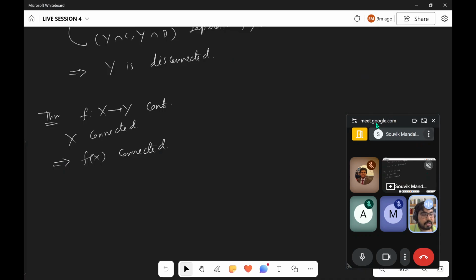So first you assume that f of X is disconnected, and from that you show that X is disconnected. That is the way. Please try by yourself first.